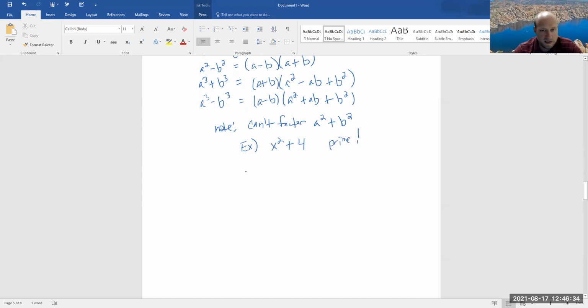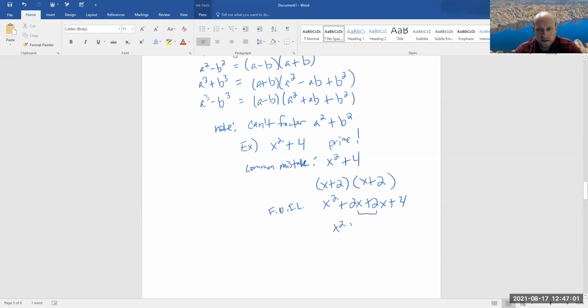Okay, that is prime. There's a common mistake that people take x squared plus 4 and they say that it's x plus 2 times x plus 2. Well, let's FOIL that. Okay, so it's going to be x squared plus 2x plus 2x plus 4.